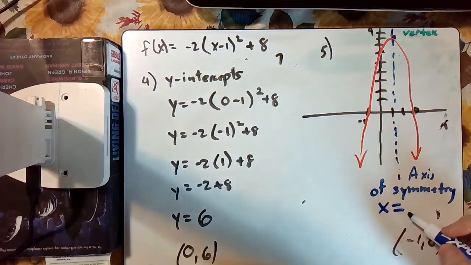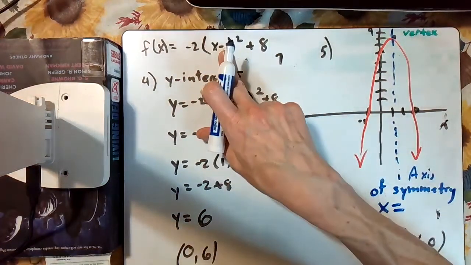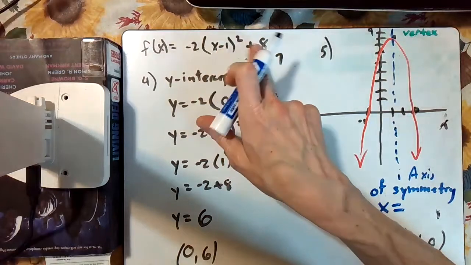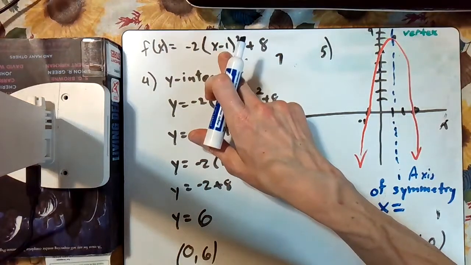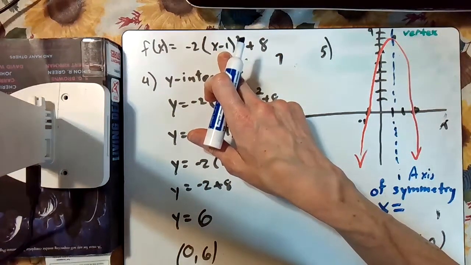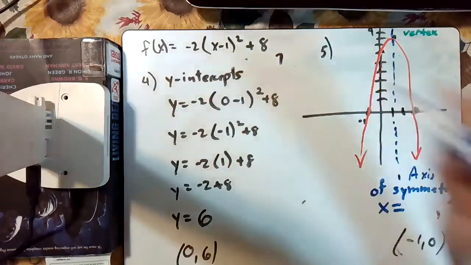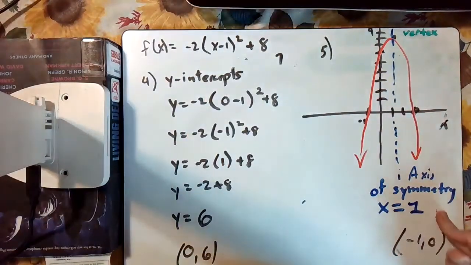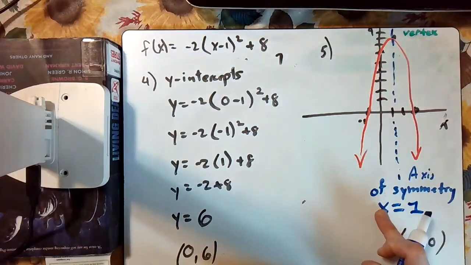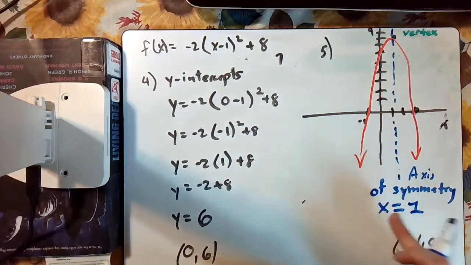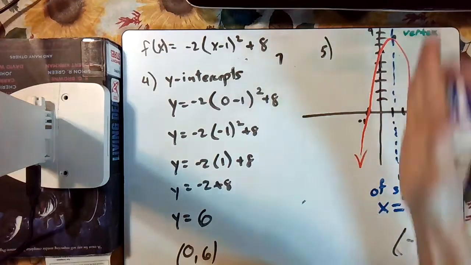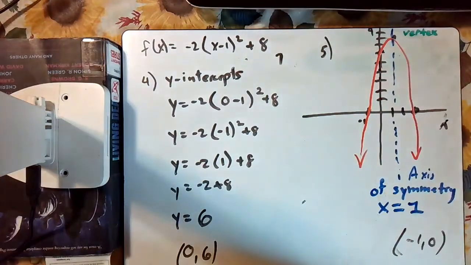What is the x component of our vertex? +1, right? Because remember, the vertex was 1 comma 8. So again, whatever that is, you flip the sign, and that gives you the x component, and there you go. So that's our axis of symmetry. Really important, the answer is x equals 1, not just 1. We need the x equals in order to get that vertical blue line right there.